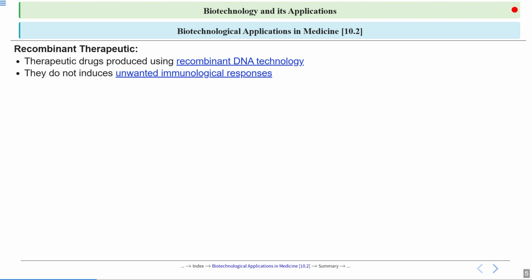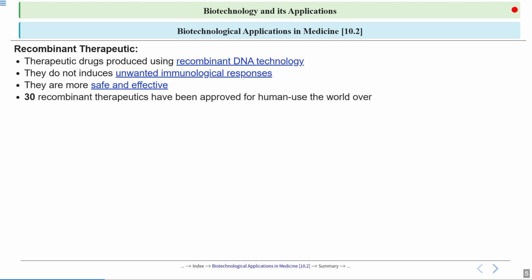And what happens when a foreign particle invades your body? There will be an immunological response. But with recombinant therapeutics, there won't be any unwanted immunological response. They are more safe and effective as compared to others.